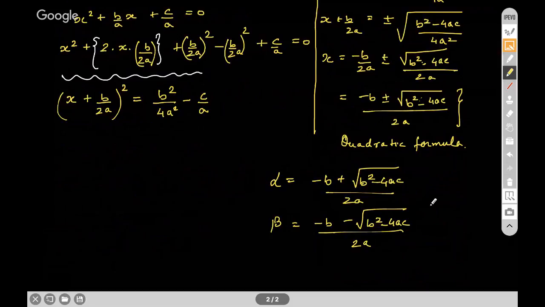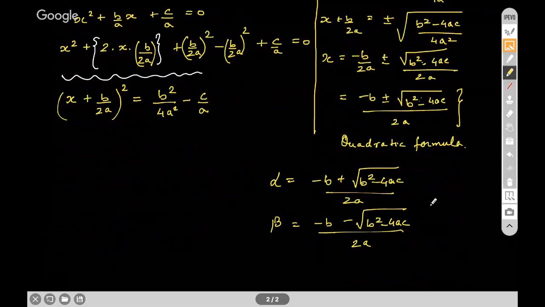Let's say we have some previous year question on solving the quadratic equation by completing the square. There are lots of NCERT questions, but we will pick up something which has been asked in the previous year. Okay, never mind, so let's solve this.